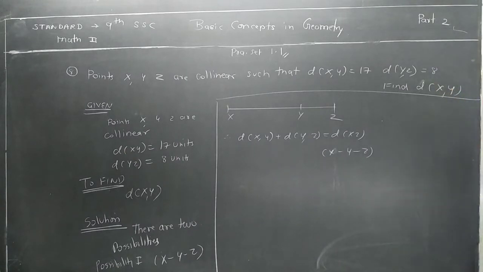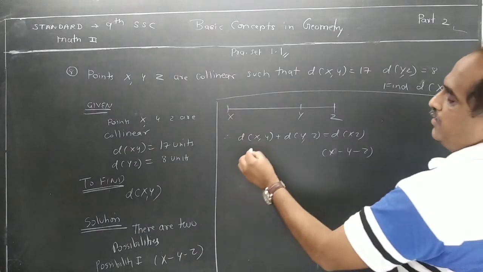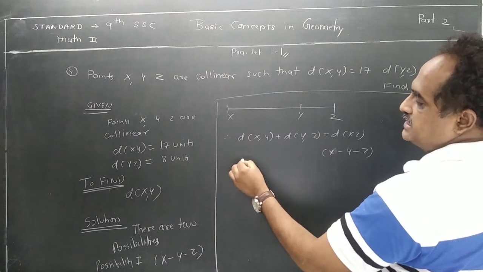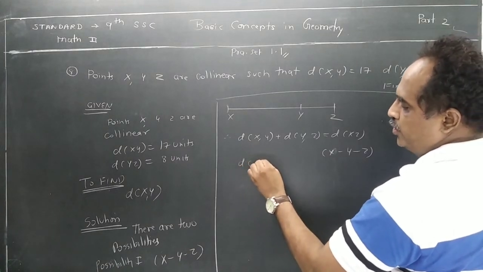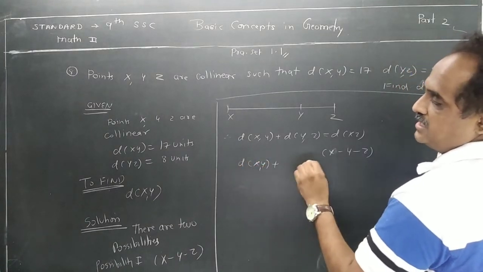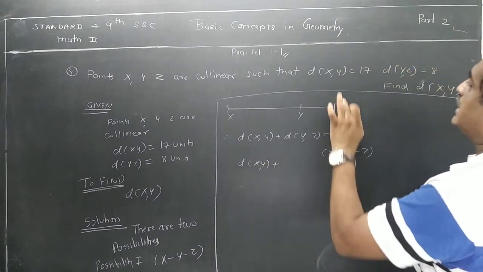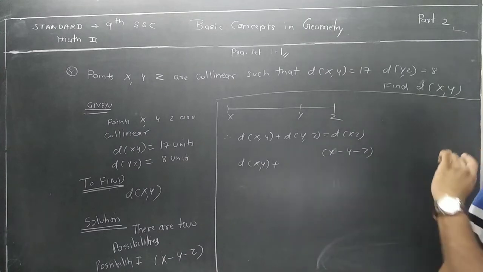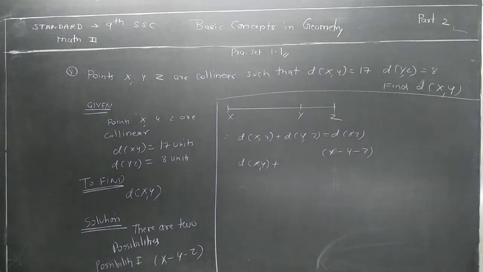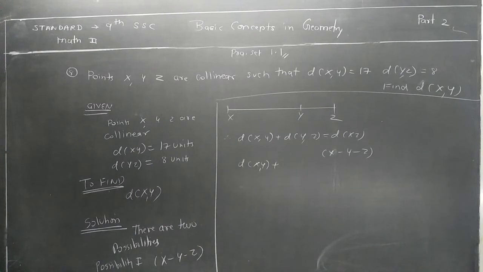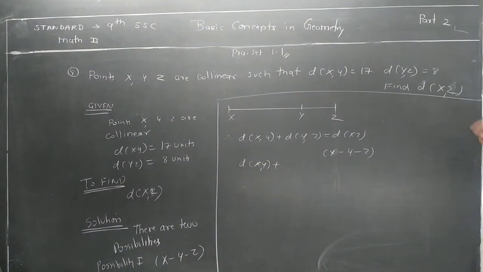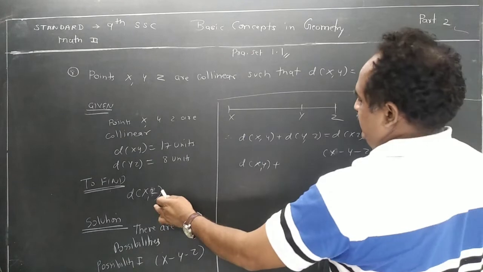Is it right? So, what will be the case then? Distance XY we don't know, plus YZ we know, right now. I made a mistake. Wait. They have asked you XZ. Actually, they have asked you XZ.